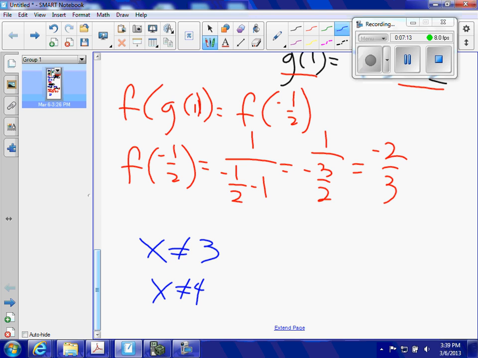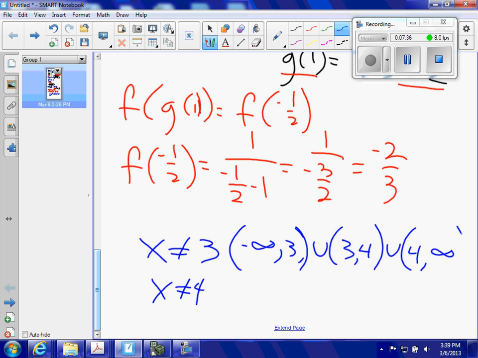And again, if I wanted to write it in interval notation, you don't have to, but it would be negative infinity, comma 3, union 3, comma 4, union 4, comma infinity. So I've done everything except for 3 and 4.